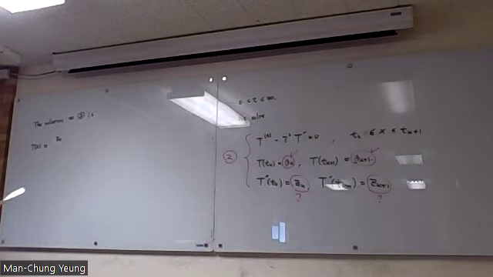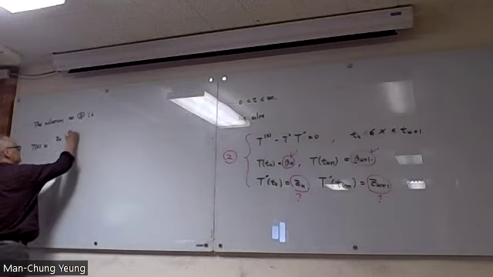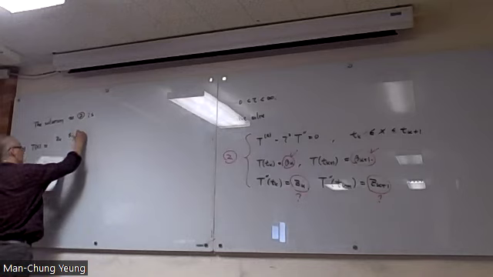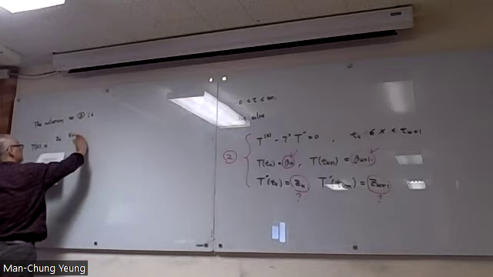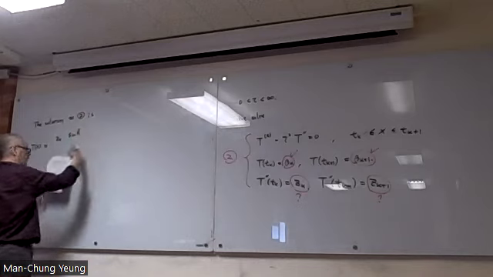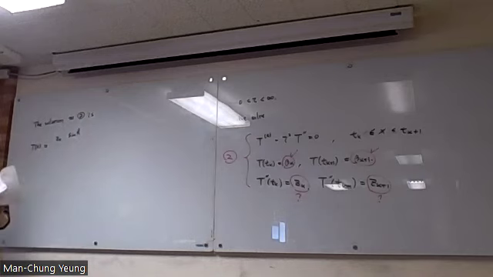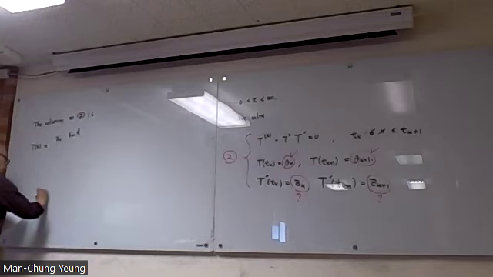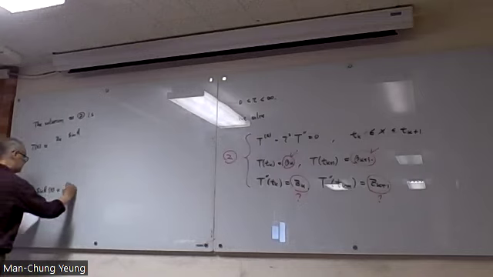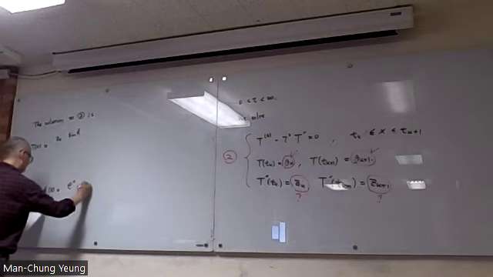Sinh x is e to the x minus e to the minus x over 2.